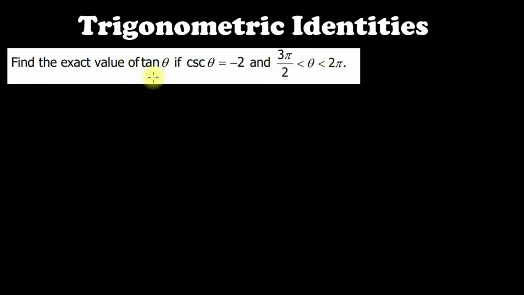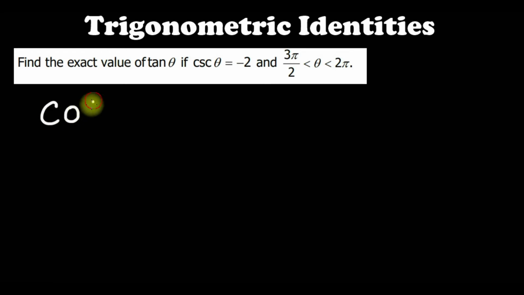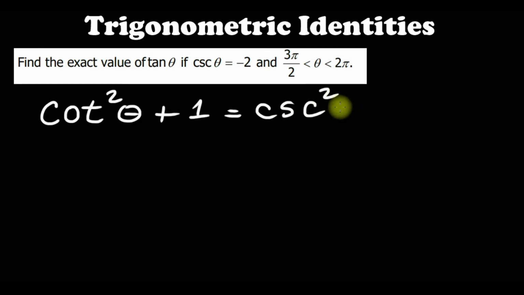According to this, you are going to be able to use one of the Pythagorean identities, because one of them is cotangent squared theta plus 1 equals cosecant squared theta. You can use this to come up with cotangent, and from there you can find tangent because tangent is the reciprocal of cotangent.